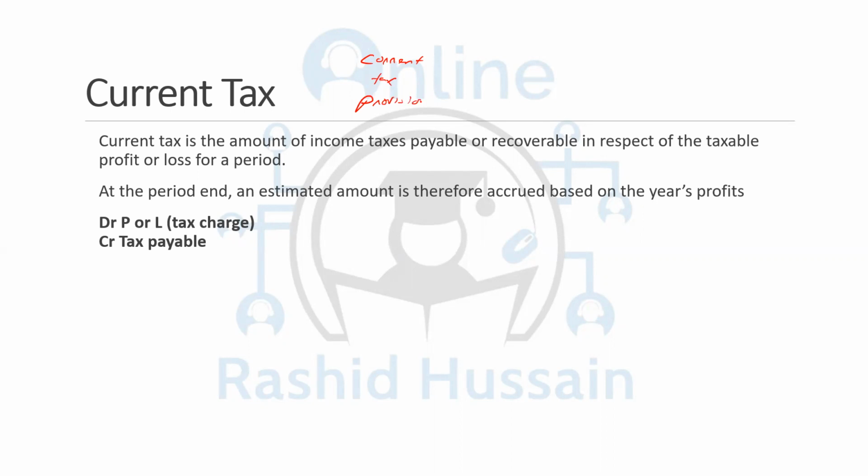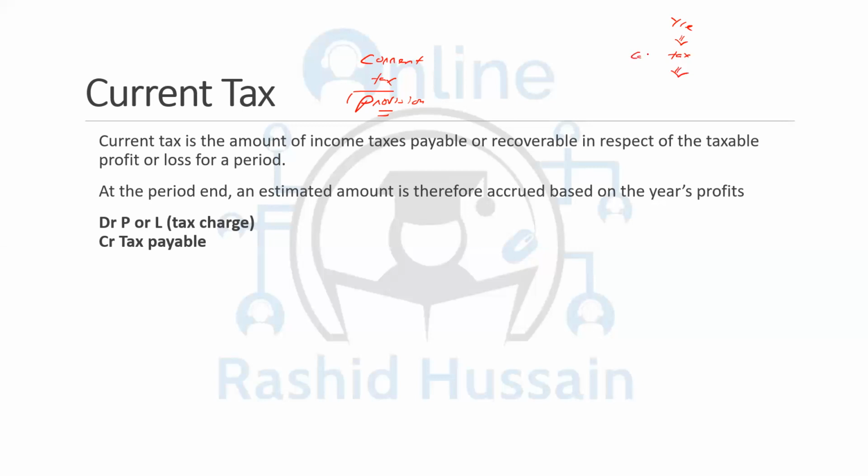Now, why do we call it the current tax provision? Why are we calling it a provision? The answer to this question is simply that companies are required to pay the tax in advance. Ideally, there should be the year end, and after the year end, they should calculate their tax, and then they should pay the tax.